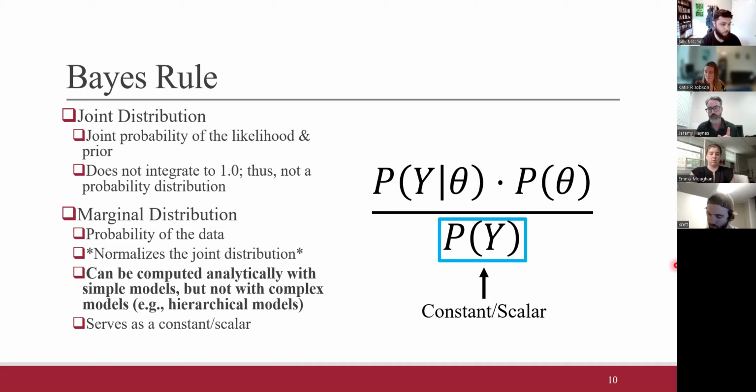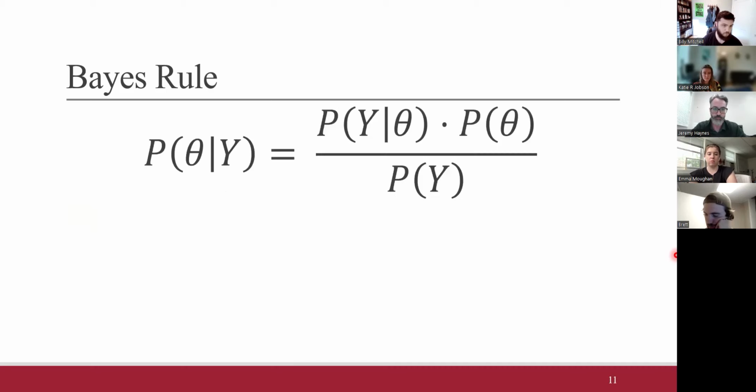But there is an important aspect of this. Again, the marginal distribution, that denominator, is effectively a constant. It's just a scalar. All it does is help the joint distribution integrate to 1 so that we can interpret our posterior distribution as a probability distribution. And if we recognize that the marginal distribution is just a constant, we can actually simplify Bayes' rule a little bit.